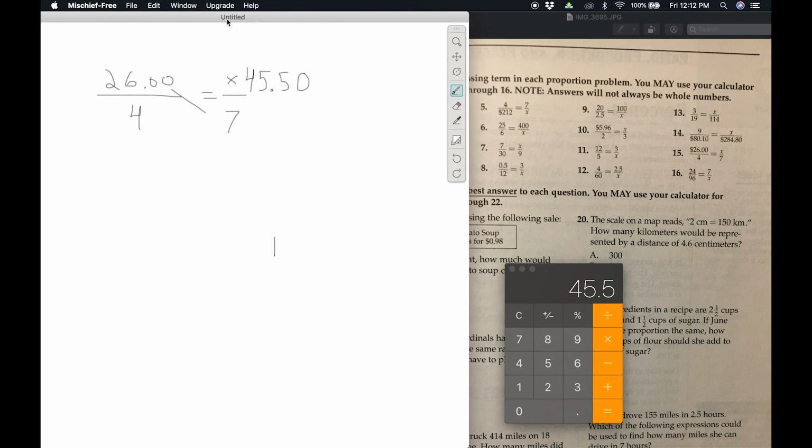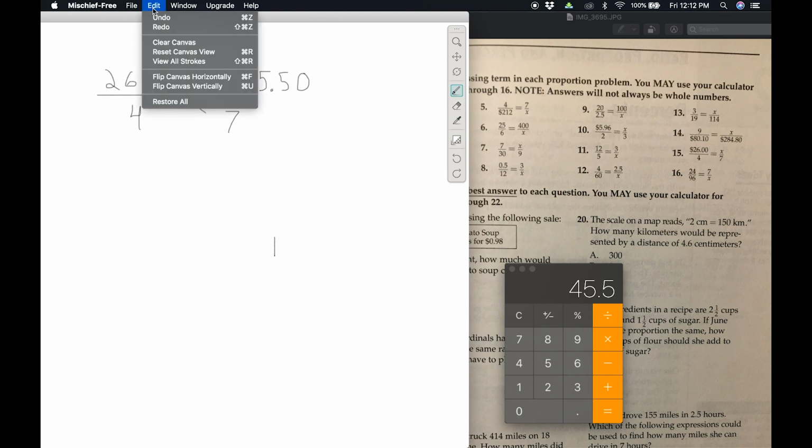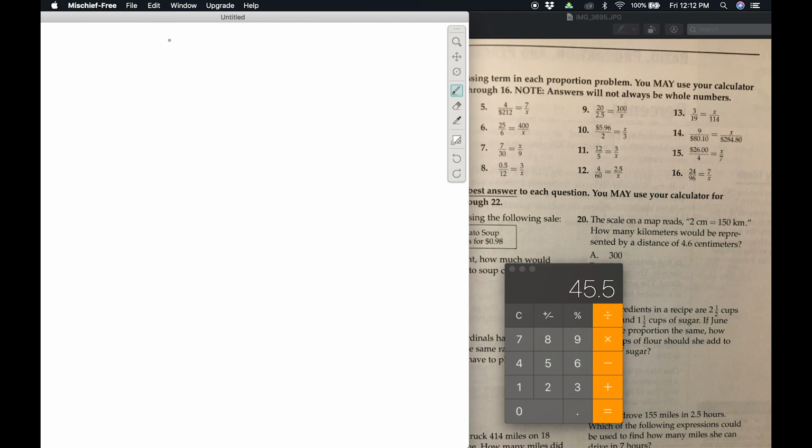So number 16, the last one of these, and then we have the fun story problems. 24 over 96. It's terrible handwriting, I know. 7 over x.